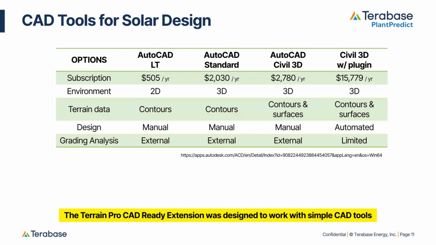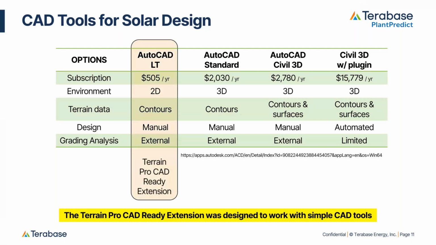And so, there are no existing tools that provide complete automated earthwork calculations at this time. And that's why Terrain Pro stands out. We have the Terrain Pro CAD-ready extension that works seamlessly with just your basic AutoCAD LT, which limits the need for expensive CAD software. And it streamlines the earthwork calculation process, saving us time and resources.